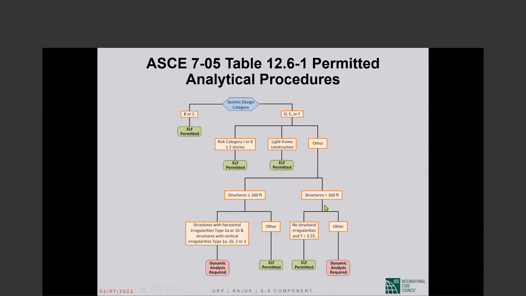Now, a design category D, E, or F building that is taller than 160 feet, if it has structural irregularities, or even if it doesn't have structural irregularities, if the period is equal to or larger than 3.5 times the transition period, then you will have to do dynamic analysis. Okay. So this is a bit elaborate, but very precise. It will tell you when you have to do dynamic analysis.